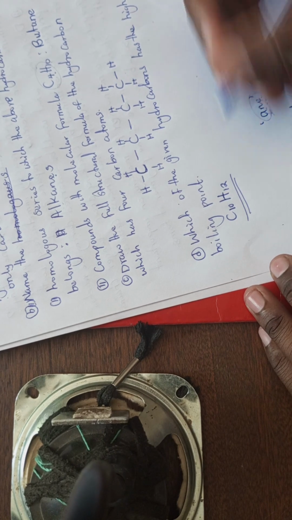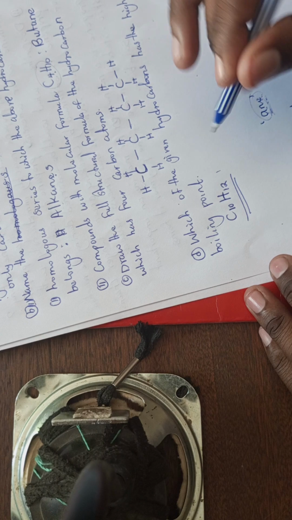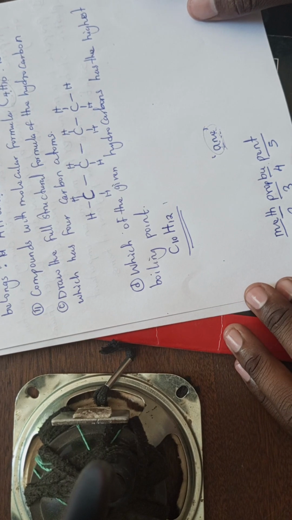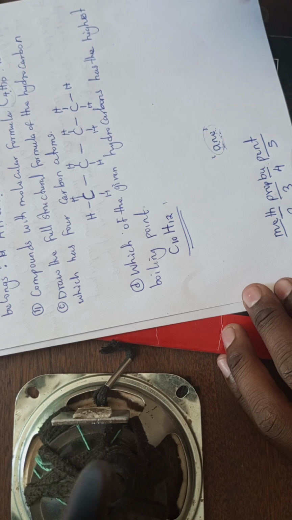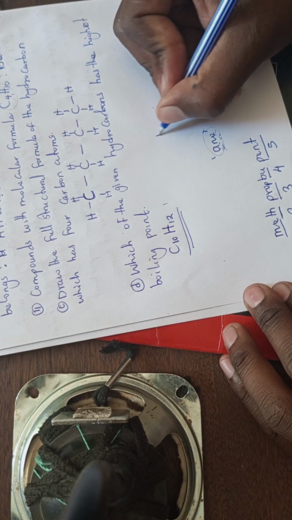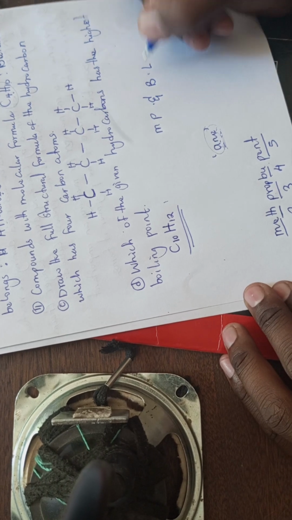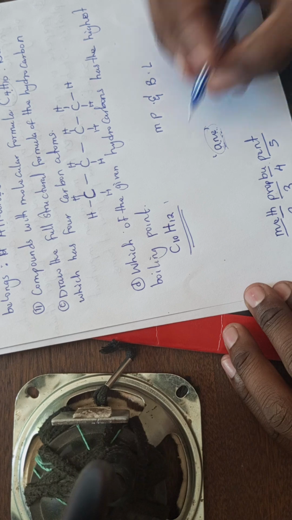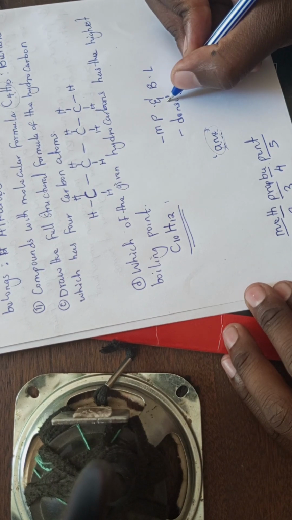This is the hydrocarbon which has the highest boiling point, because for all members of a homologous series, as the number of carbon atoms increases, their melting and boiling points increase. At the same time, their density also increases.